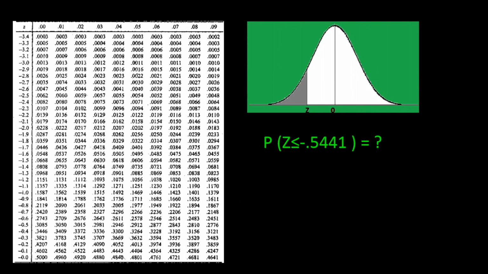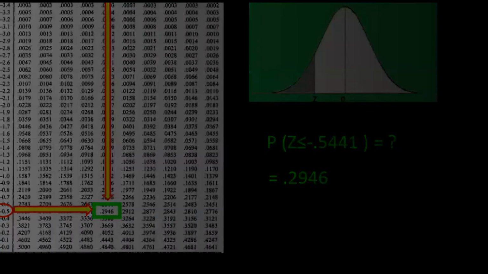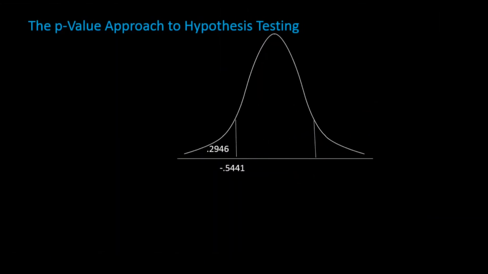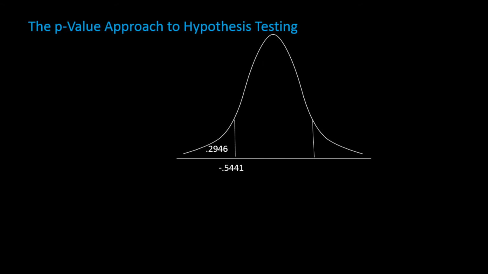So we find negative 0.5 on the left and 0.04 at the top, and then following across and down, we get 0.2946. So 0.2946 is the area under the curve to the left of negative 0.5441.